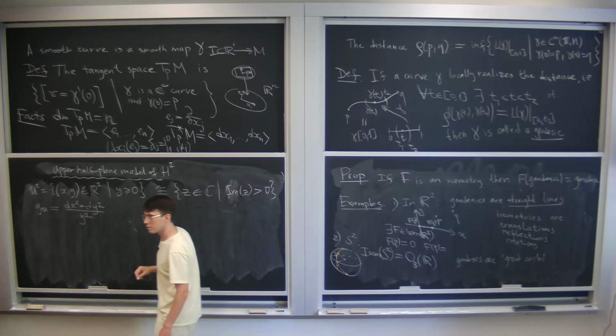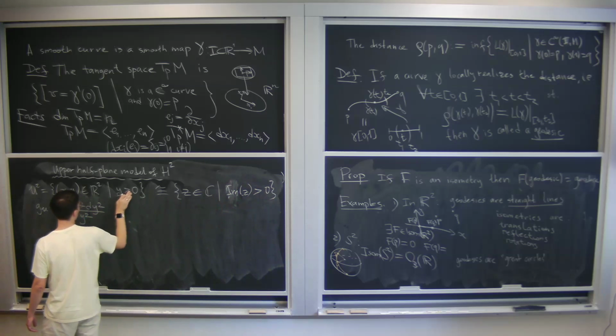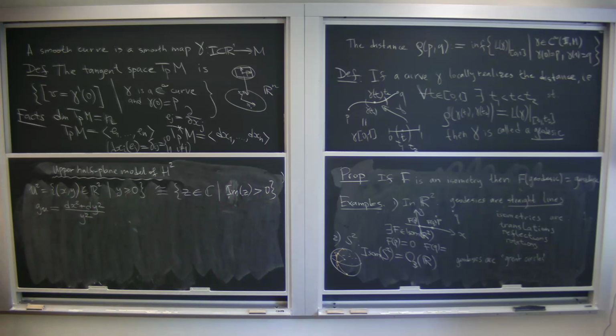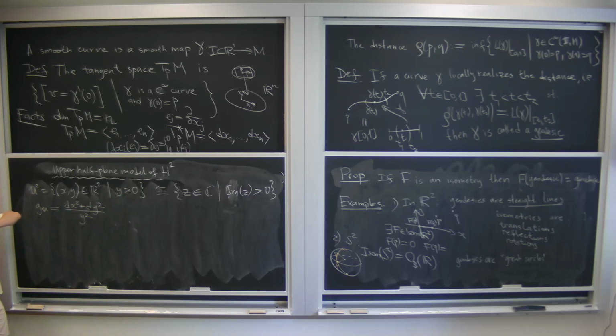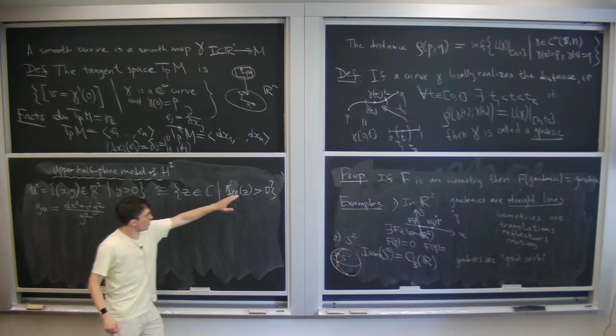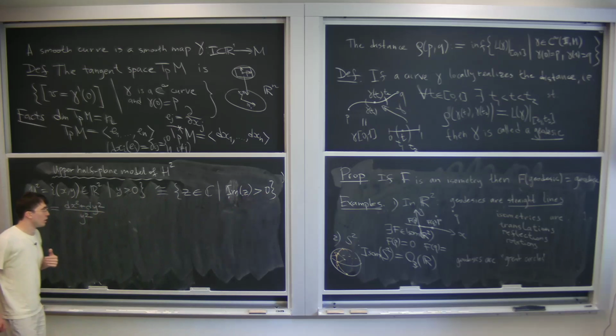Strictly greater than, yes, indeed. This is a good point. I want to take the open subset of R2, so this is strictly greater than 0. But we choose another metric.